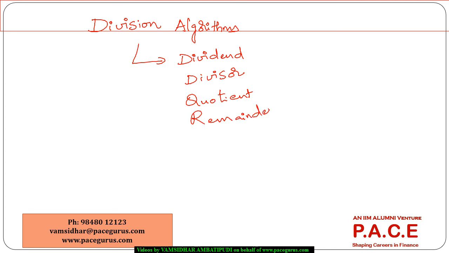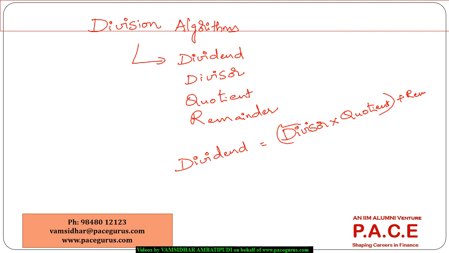So what is the relationship? Dividend is equal to divisor multiplied by quotient plus the remainder. So even if some of them are given, you can find out the other.